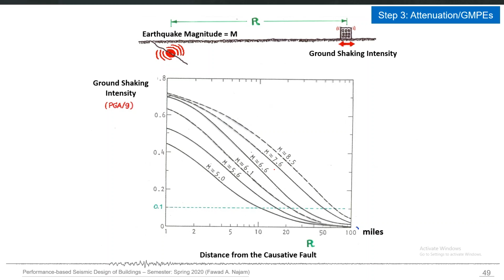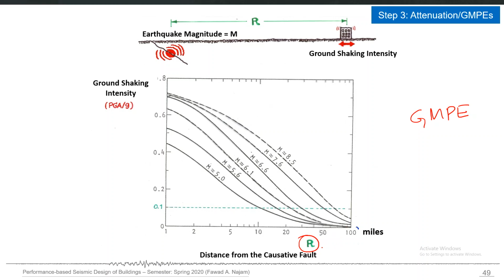So that's how a GMPE looks like: on the x-axis you have the distance from the causative fault, and this distance can also be defined in different ways. One way can be that it is simply the distance from the epicenter to the site, and another way can be that it is the distance from the hypocenter to the site.